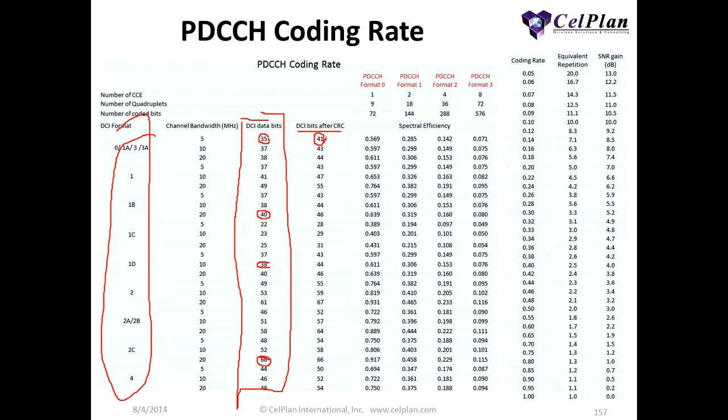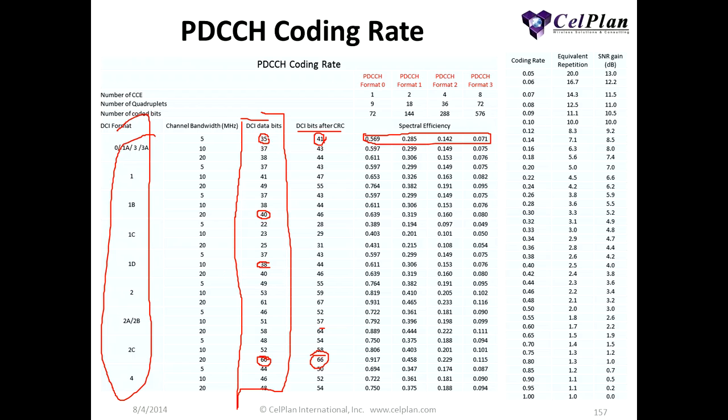The larger one is, I believe, close to 70 bits, 69, 59, 64, 66, that's the larger one. So based on this, then we will apply a PDCCH format. So we will spread this 41 to 66 bits according to this spectral efficiency.